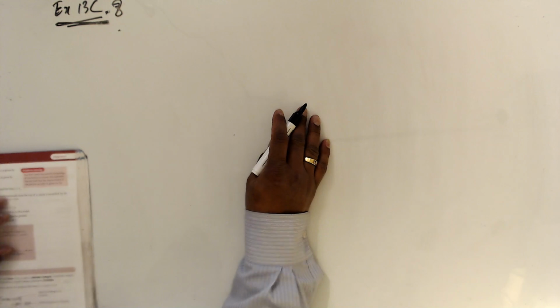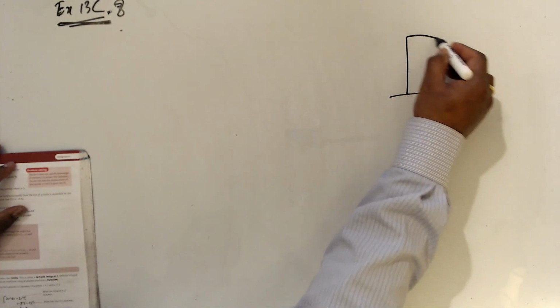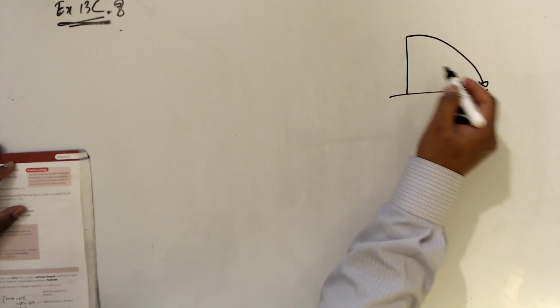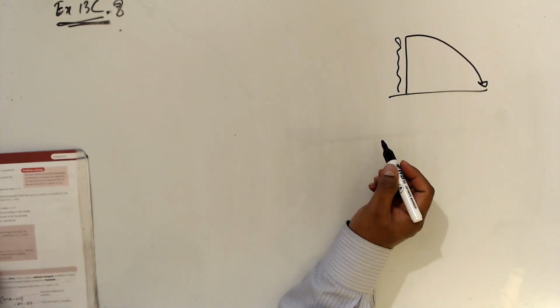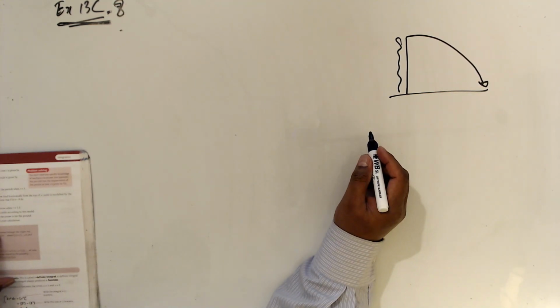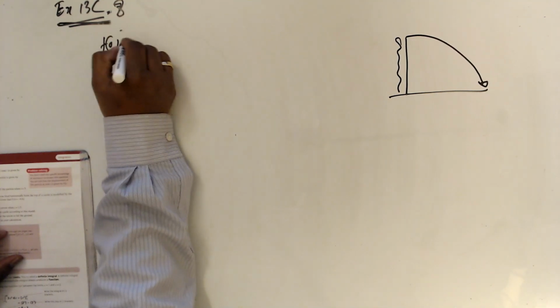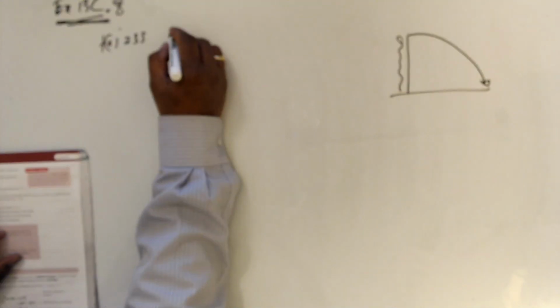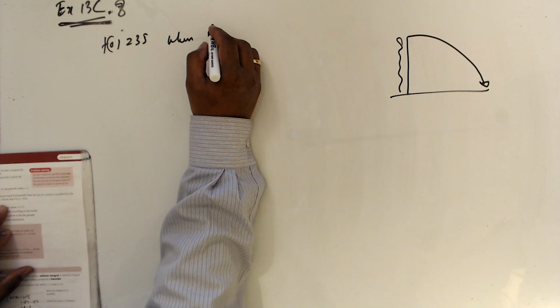Question number 8. An arrow is fired from a castle, and this is my picture for it. They give f(0) is 35. It means when t equals 0.